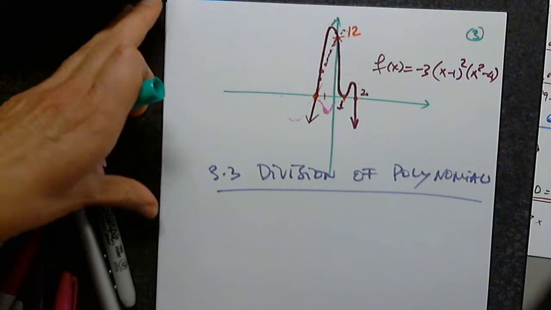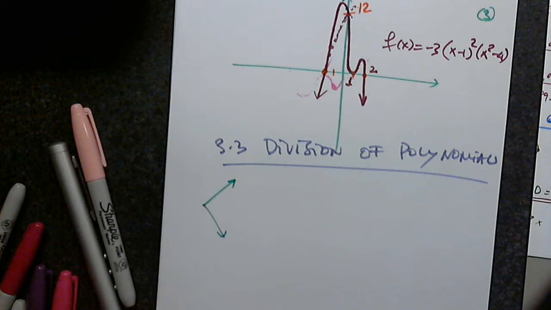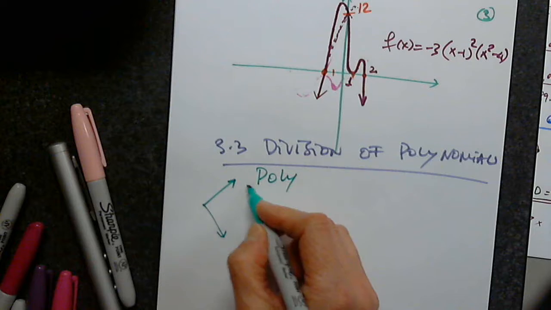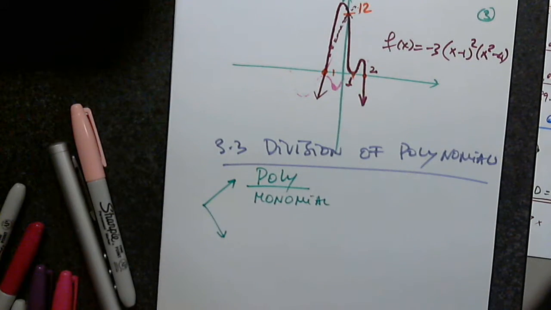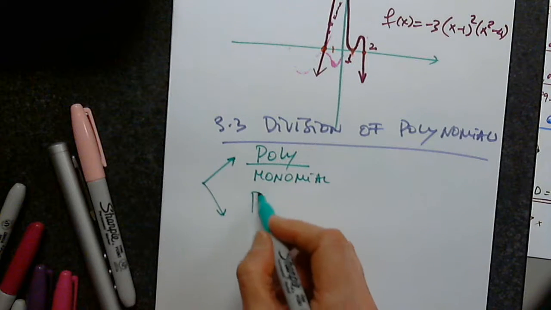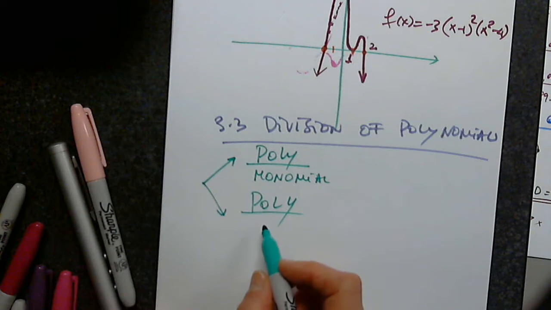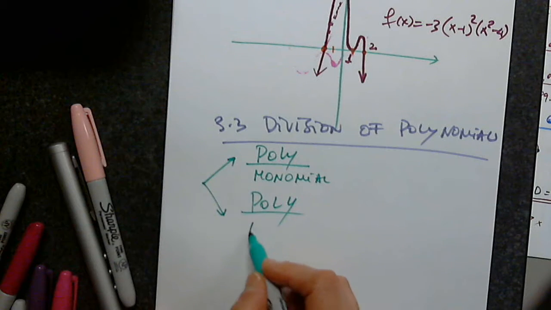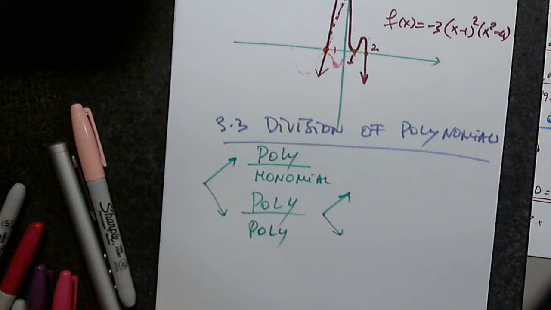Ready? So there are two different situations here. A polynomial divided by a monomial, and a polynomial divided by a polynomial, which has two different possibilities.